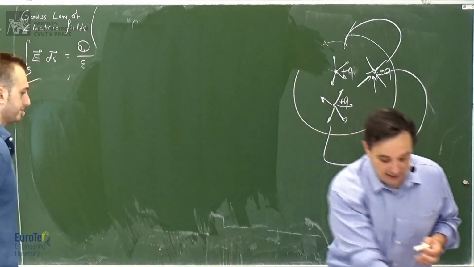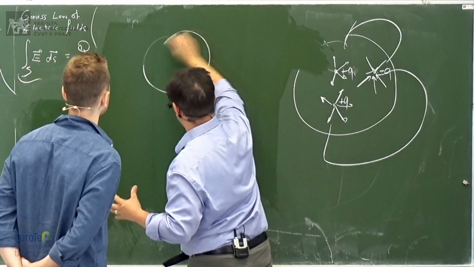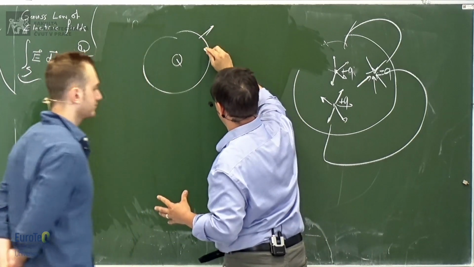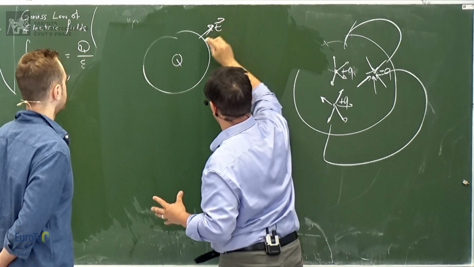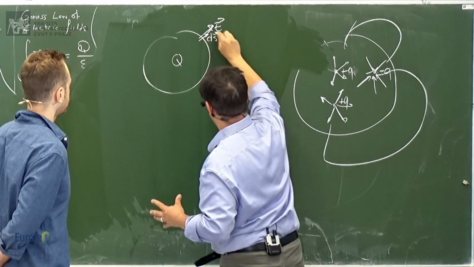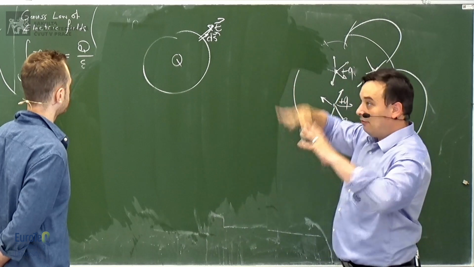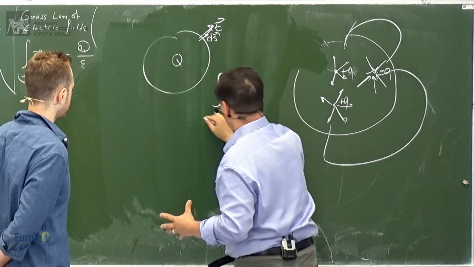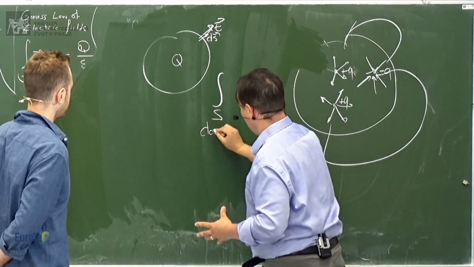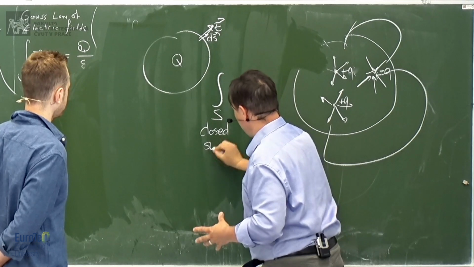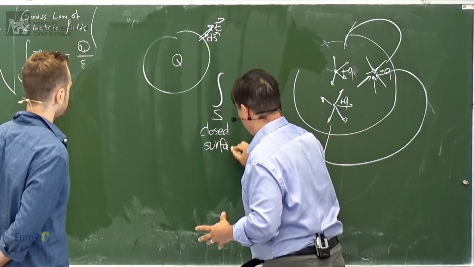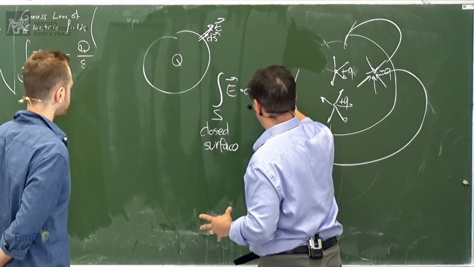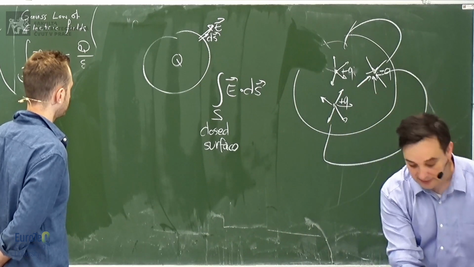So I take a sphere and I have a charge inside. I take the electric field and I calculate how large is the flux leaving the surface. So I take the integral over the closed surface S of the electric field, E dS, and this is how much flux is leaving.